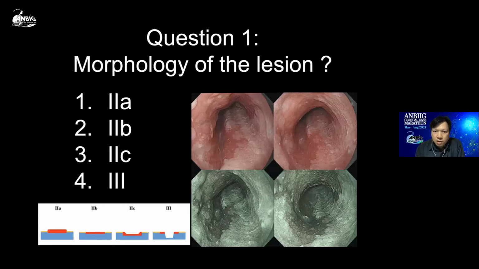Okay, now half of the audience have voted. Okay, most of the audience think this lesion to be 2B, and some audience think 2C.